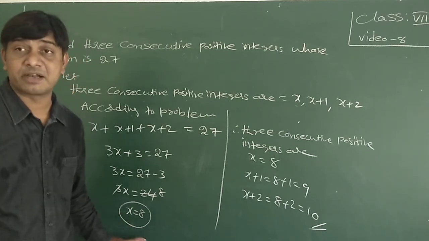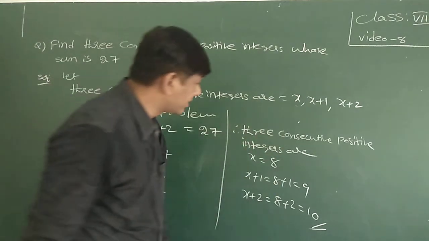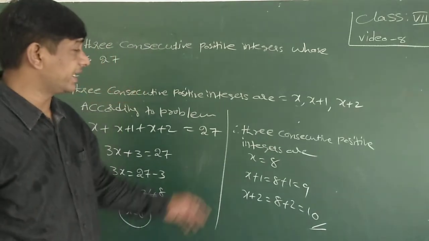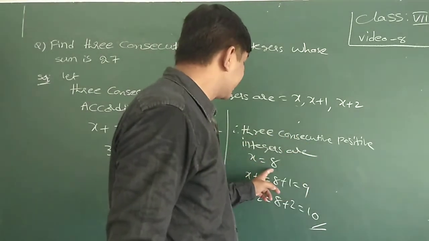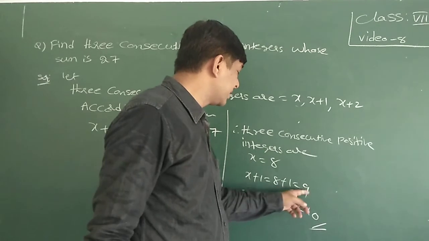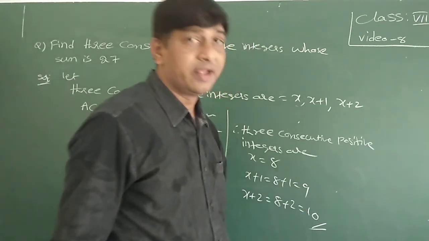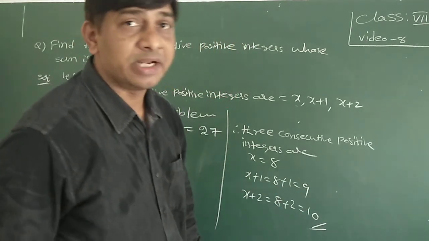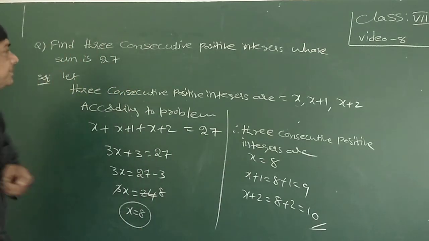But this is not your final answer; you need to find all three consecutive numbers: 8, 9 and 10. Am I clear? Okay.